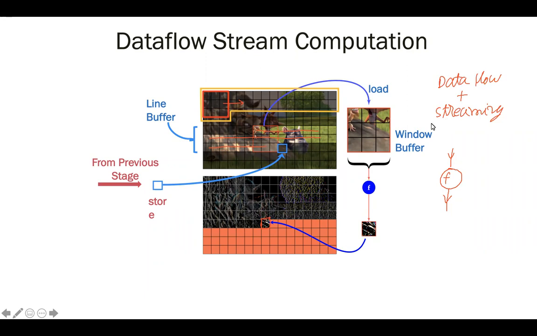So why is it data flow? The hardware module F, which performs the stencil operations, has an input FIFO. So it keeps waiting for sufficient data to be accumulated in the input FIFO, and then it generates the pixels in an output FIFO.